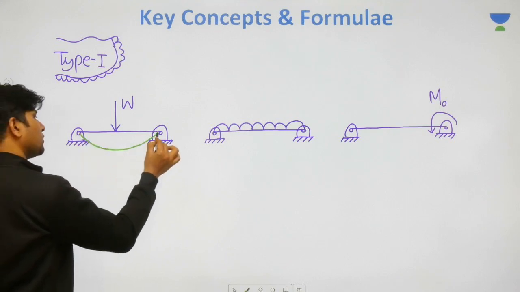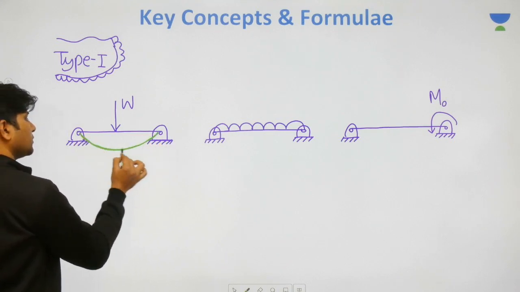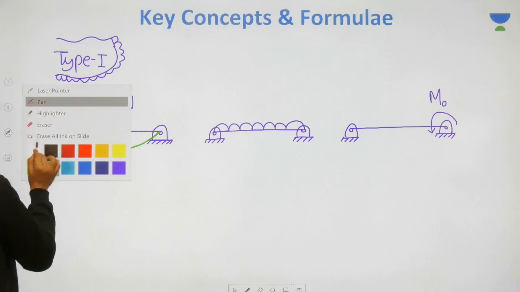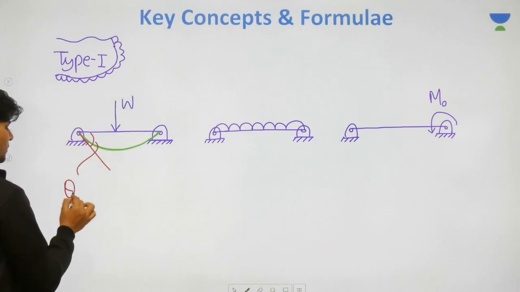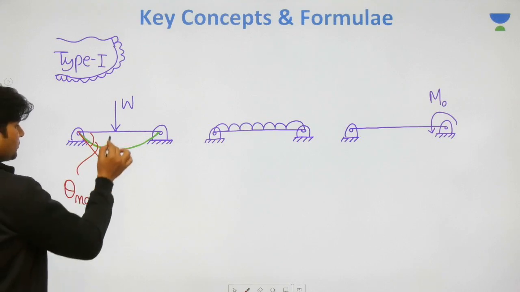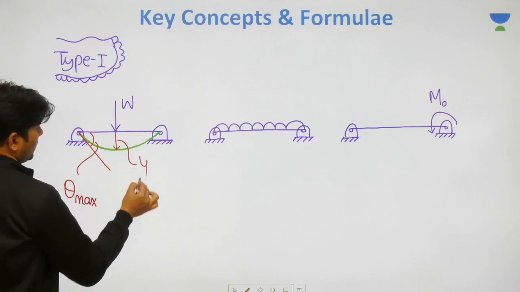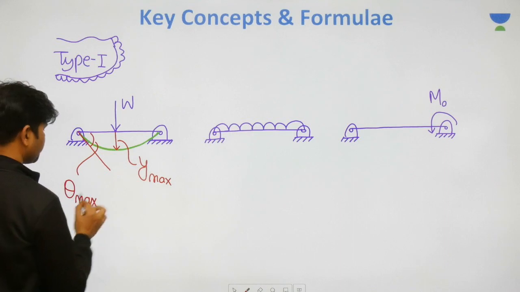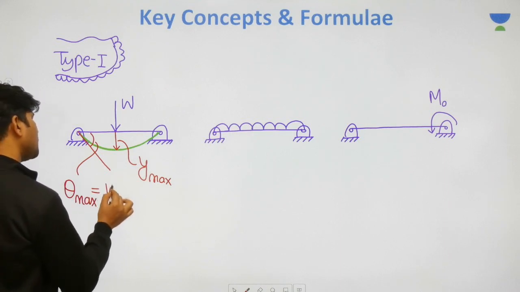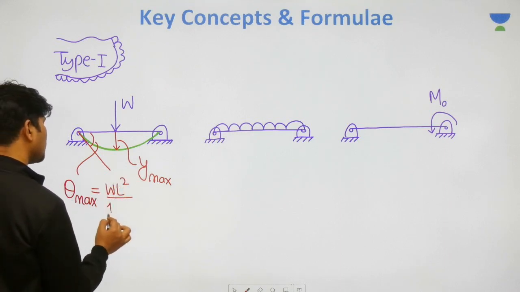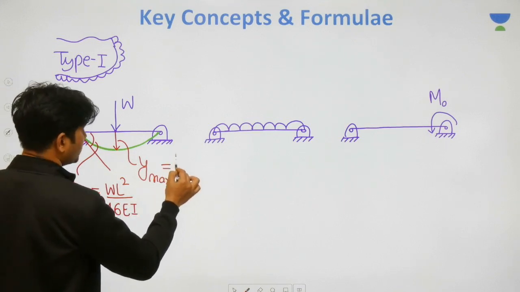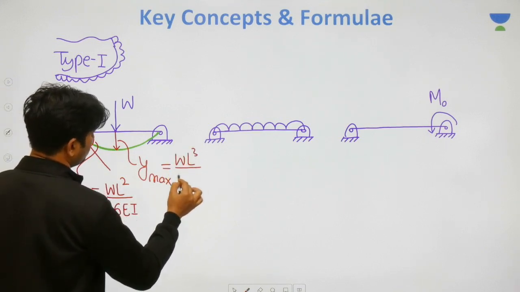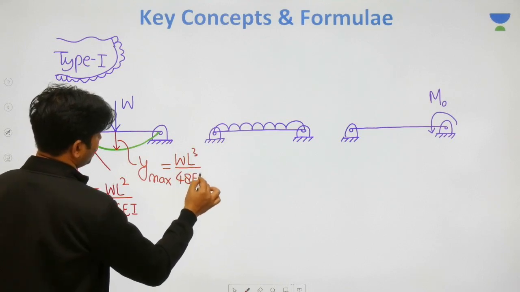And if it sags like this, then it will have maximum slope at the ends, and it will have maximum deflection at the midpoint. Maximum slope, please remember, is WL square divided by 16 EI, and maximum deflection is WL cube divided by 48 EI.